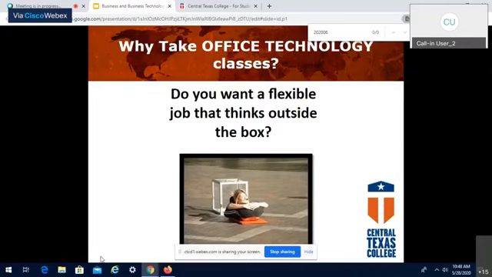So we have to think outside the box sometimes when it comes to office technology and how it can help people not only in the department, but actually on the outside that doesn't necessarily think about the two coming together.